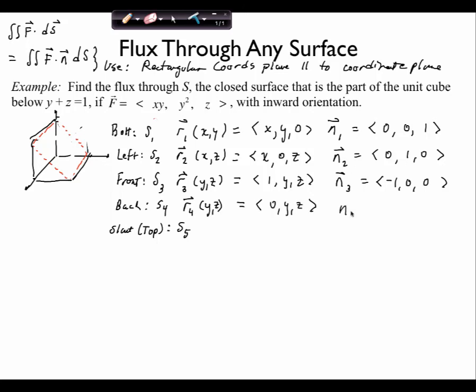And N4, inward orientation, is positive 1, 0, 0, right? Ask if I lost you somewhere. Okay, so now the top we're going to go back and use this, but when we do the top, how are we going to parameterize the top? R5. What should we pick for our variables?